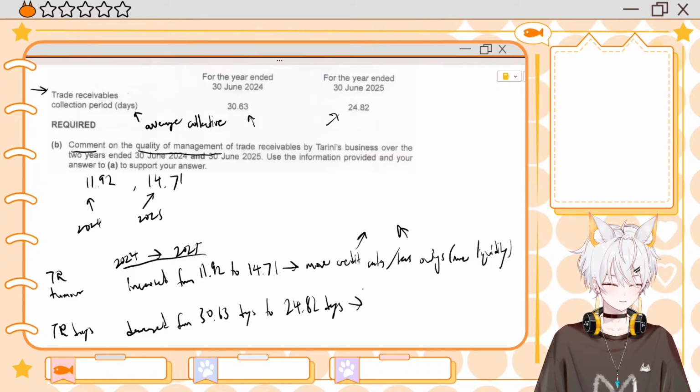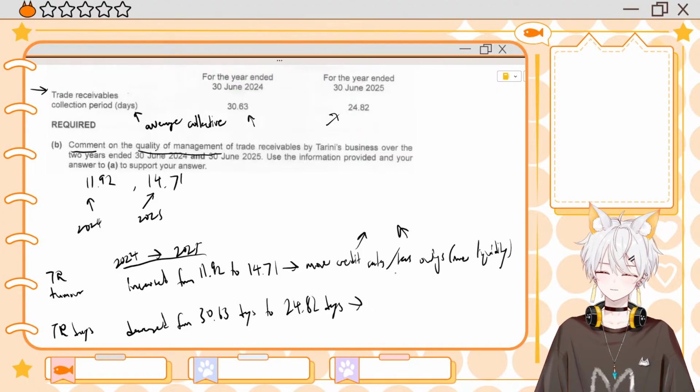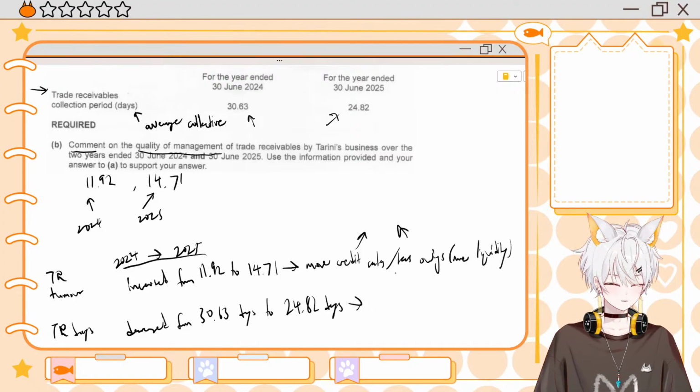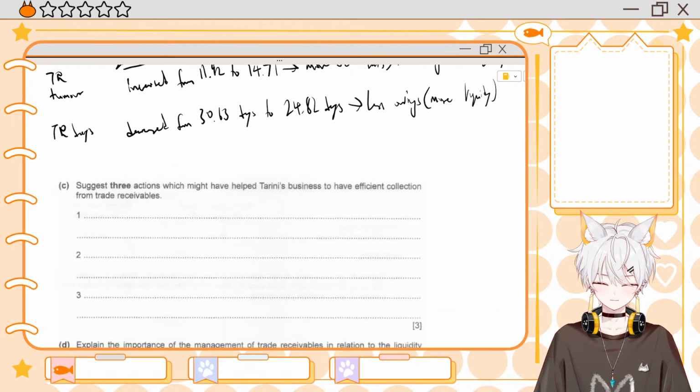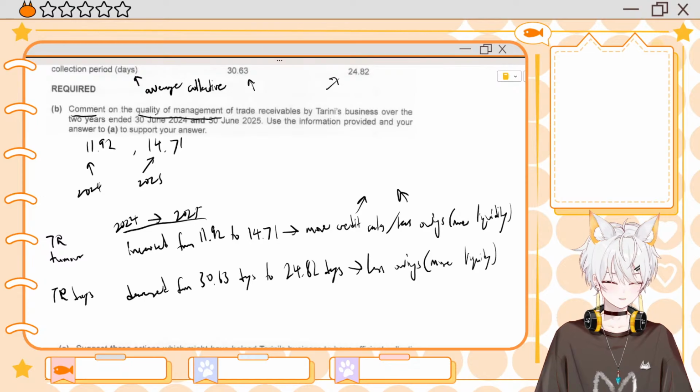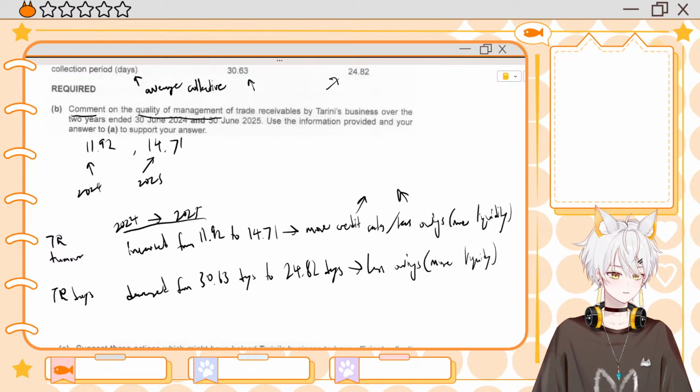So what does this mean? It means less owings, right? Because people are paying you more frequently within a shorter period of time, so more liquidity. Okay? So this is how I would answer this sort of question where they ask you to comment.